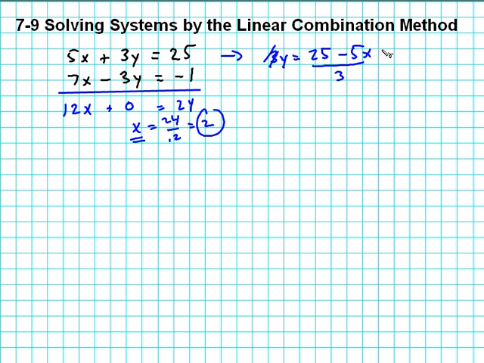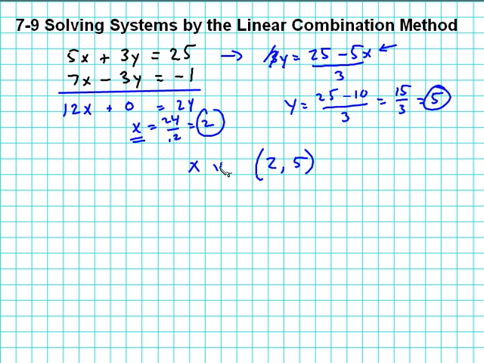So now let's plug in the 2 here. So if x is 2, y is 25 minus 5 times 2, which is 10, over 3, which is 15 over 3, which is 5. So the solution would be the ordered pair 2, 5.